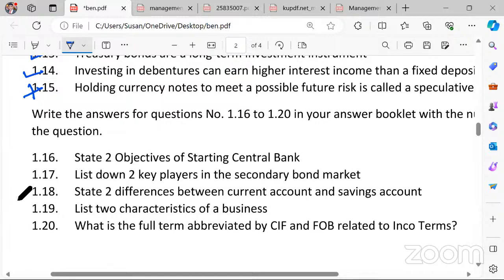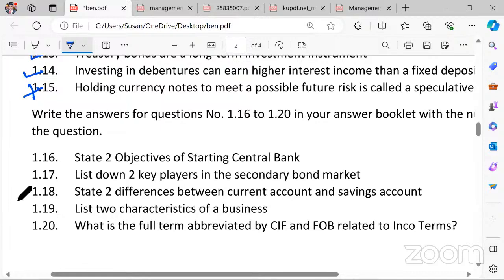Right. State 2 objectives of a central bank.